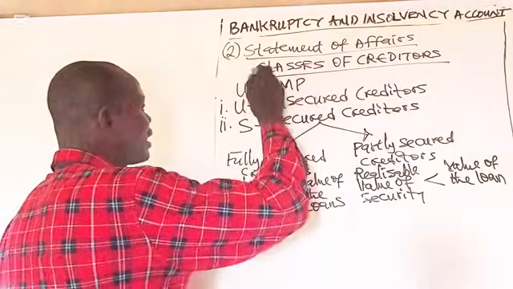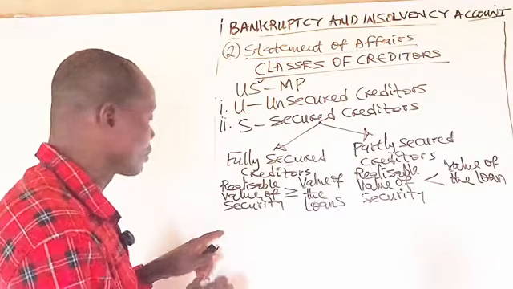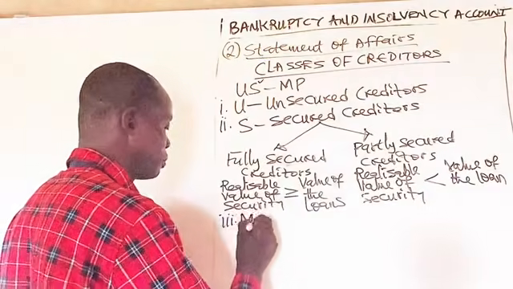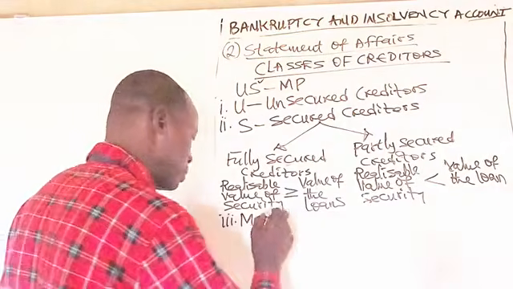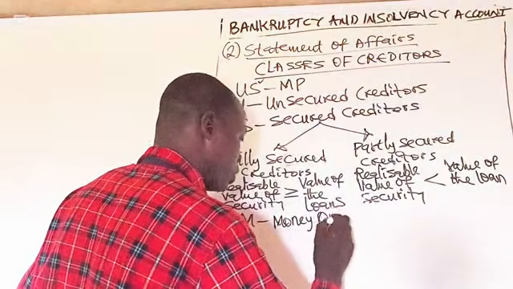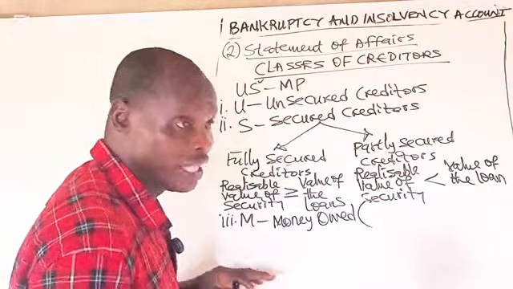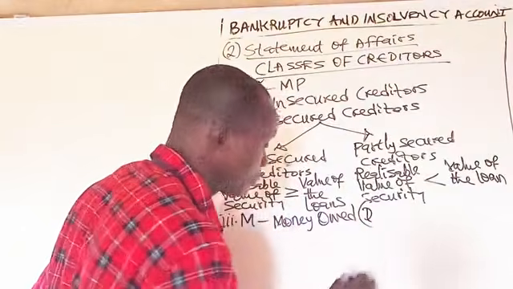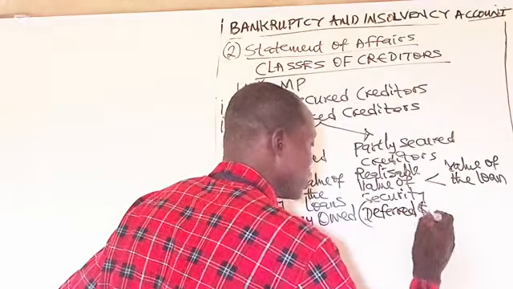Now, after letter S, the next letter is letter M. M stands for money owed. This will be categorized into two: deferred and distrained.